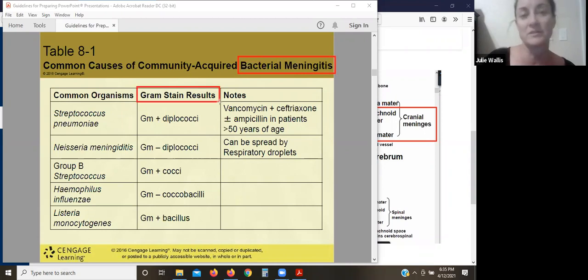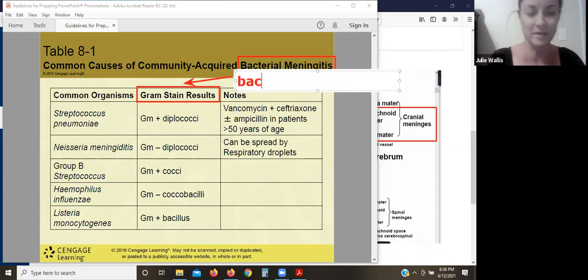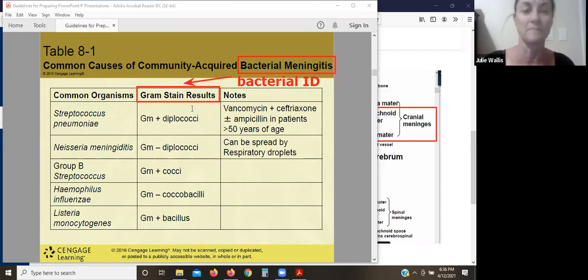I want you to notice this because there's a question related to this that asks about a viral infection, and gram stain results are one of the distractors, one of the not correct answers. So anytime you see gram staining, you should immediately think it's a bacterial infection. This is only for bacterial identification, the only thing that you use gram stain for.